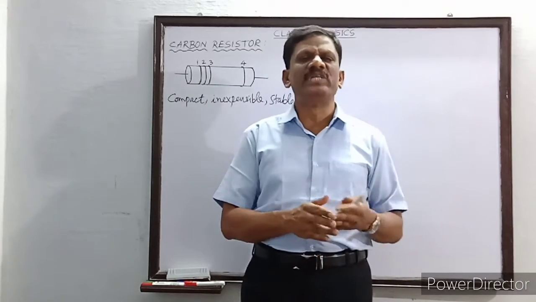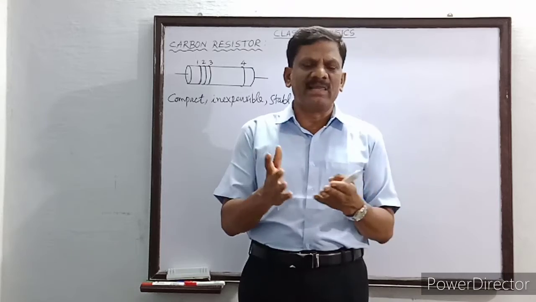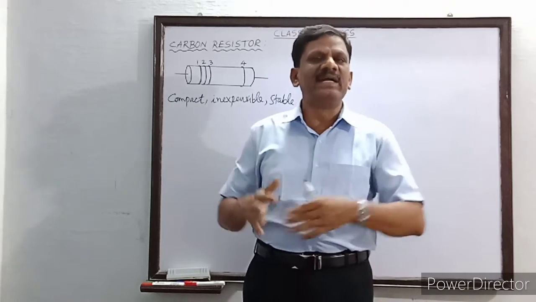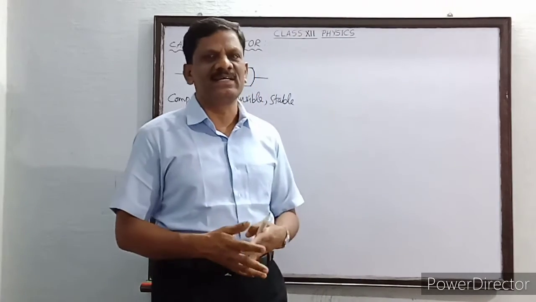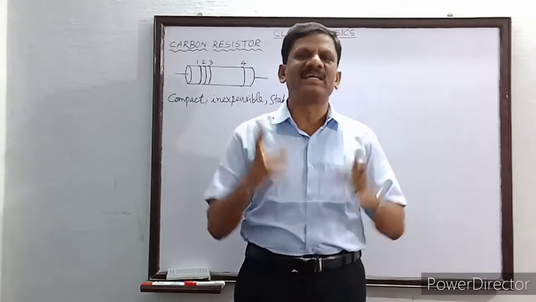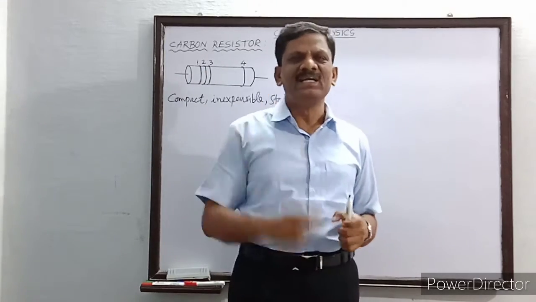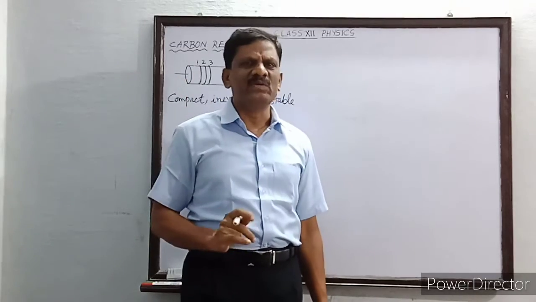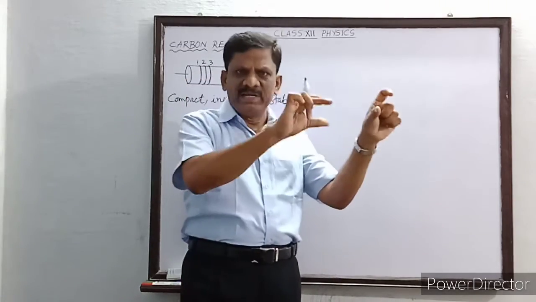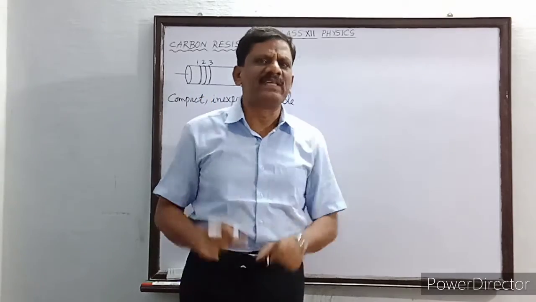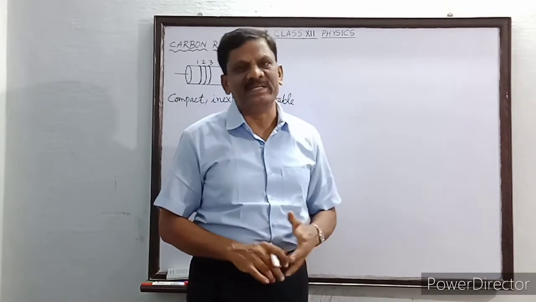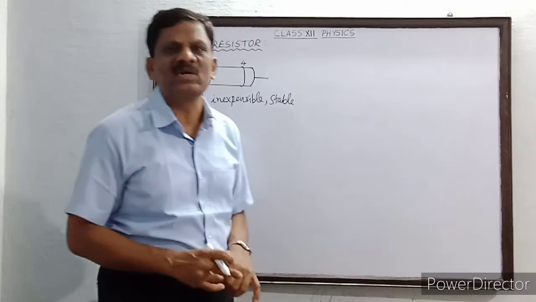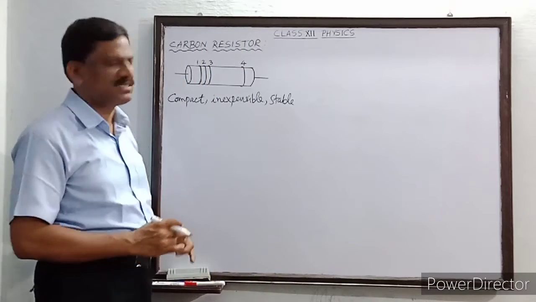Then in addition to VIBGYOR, black, grey and white. In addition to these colors, golden color, silver color, like that different colored rings will be over the carbon resistor. And each color is assigned some value. By knowing the values corresponding to these colors, the value of the carbon resistor can be estimated. This is called the color code of carbon resistance.